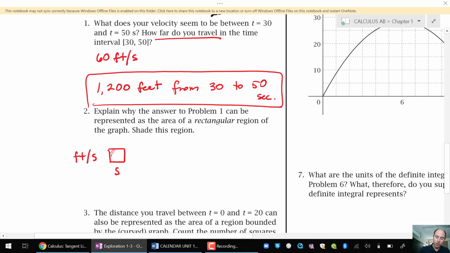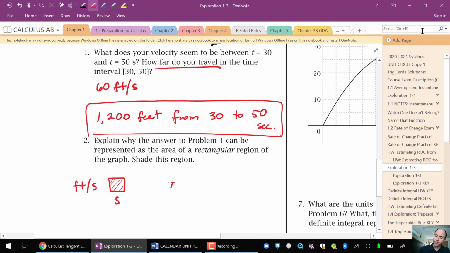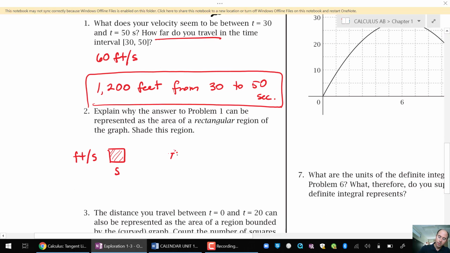And when you multiply those two together to get area, base times height, I'm actually doing feet per second times seconds. Here's the unit analysis. The seconds will actually cancel out, and we're left with simply feet, or distance that the car traveled.